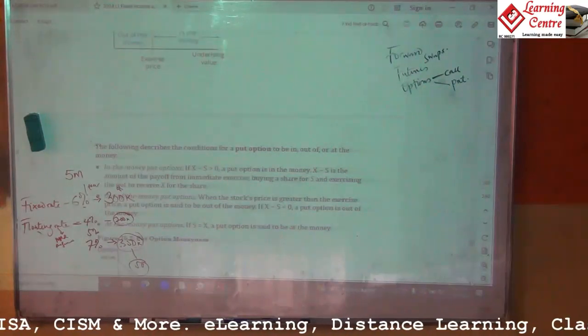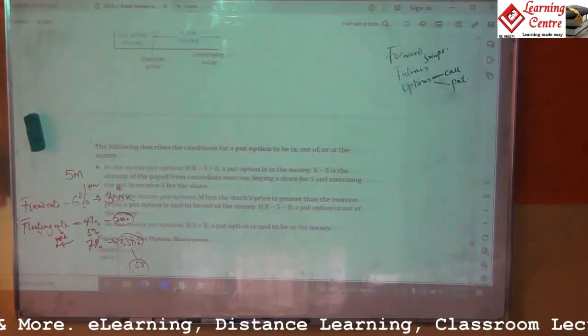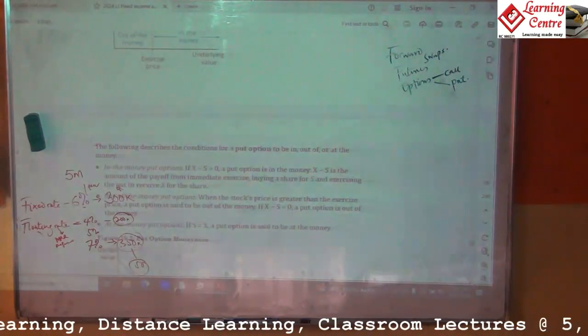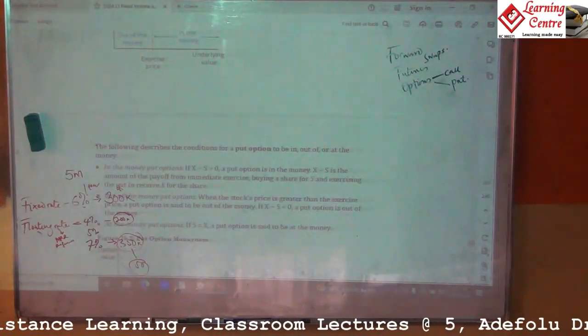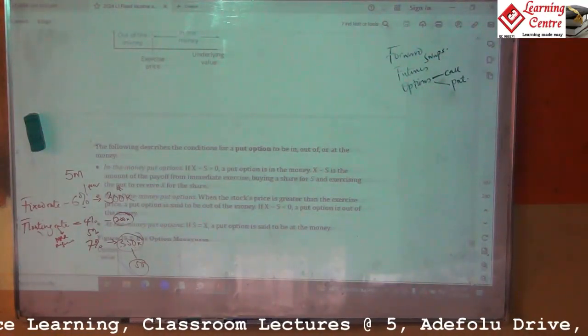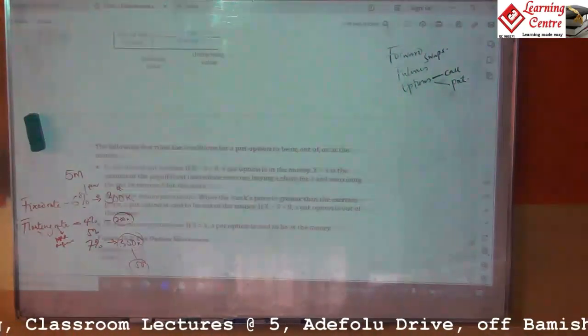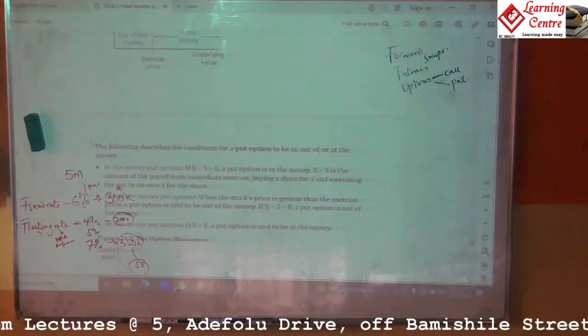And then the opposite works for a put option. We said the put option is the option to sell. So if I can sell something at a higher price in the market compared to what we have agreed, of course I will go with the market. But if the price I've agreed with you is greater than the market, then I will go with the price I've agreed with you.